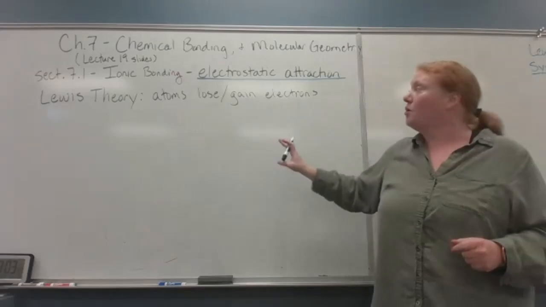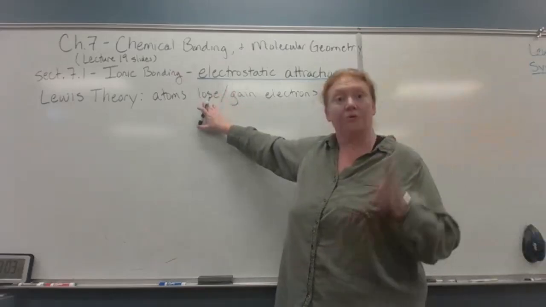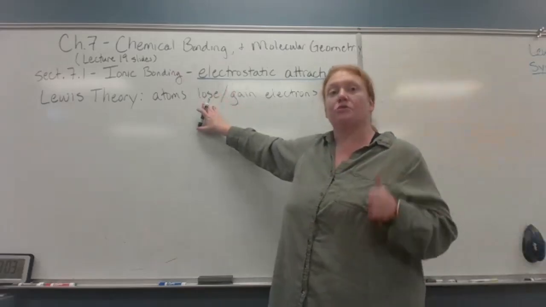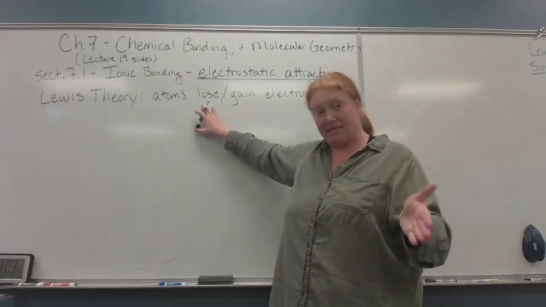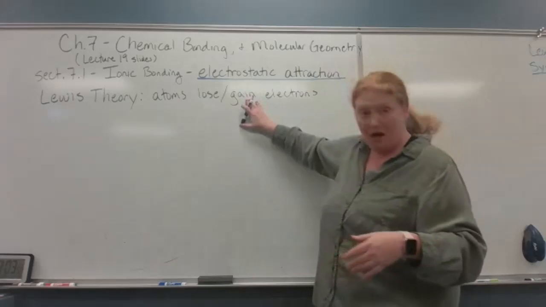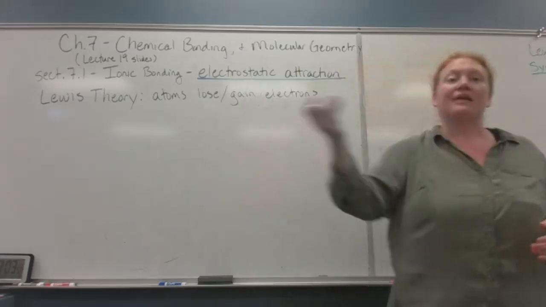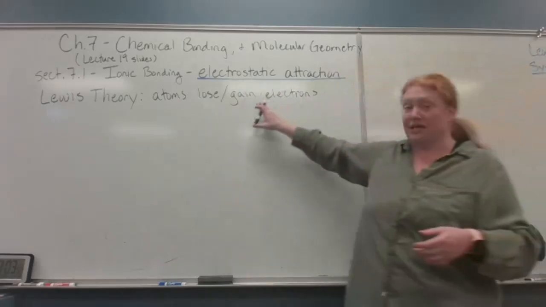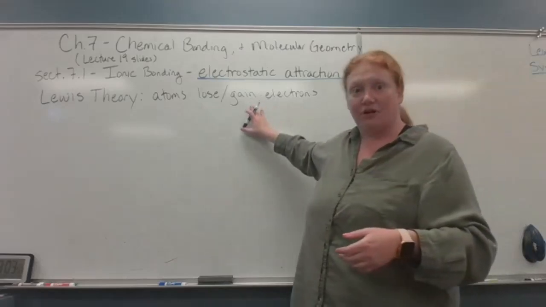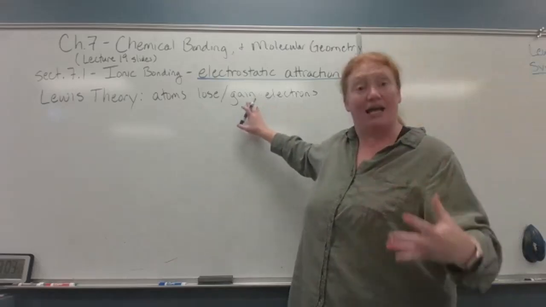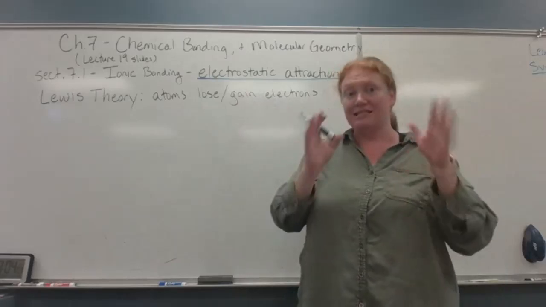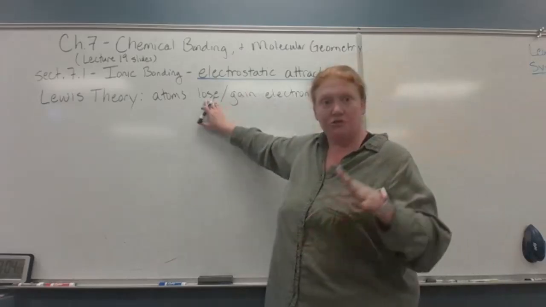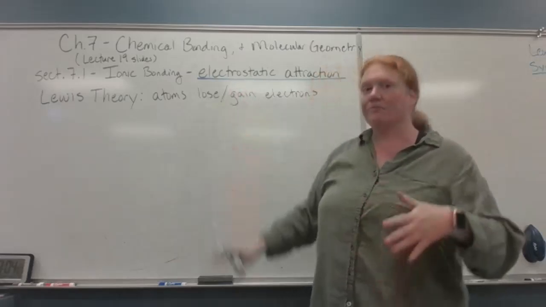Ionic compounds form when, for example, metals are willing to lose electrons because they have very low ionization energies. Nonmetals are willing to gain electrons because they have very high electron affinities. It's more energetically stable for metals to lose and nonmetals to gain.